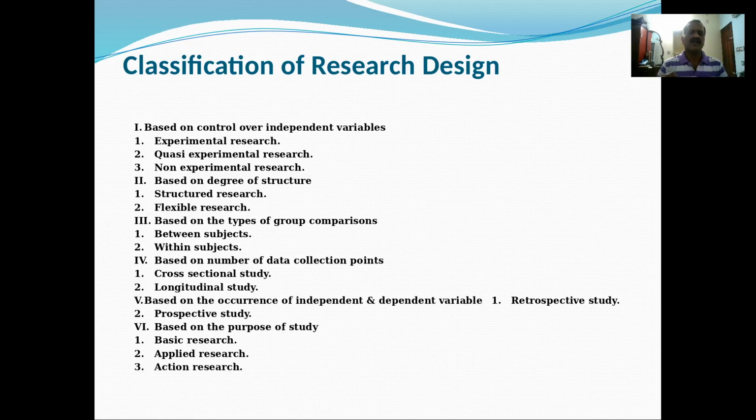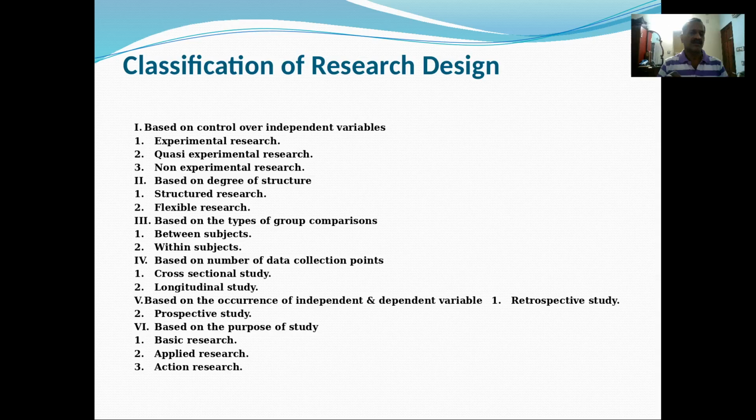The first factor they have considered is the control over the independent variable, because we have learned there are two types of variables, independent variable and dependent variable.